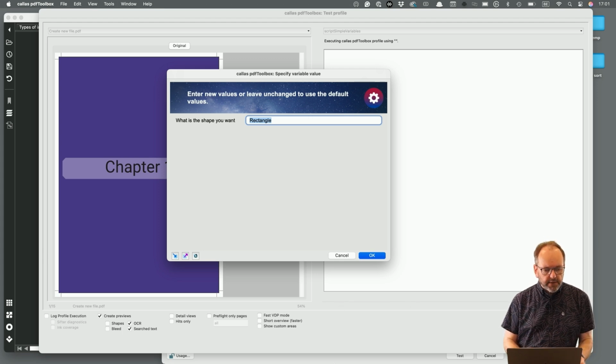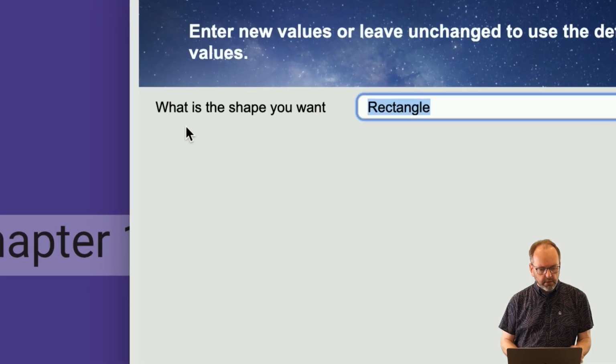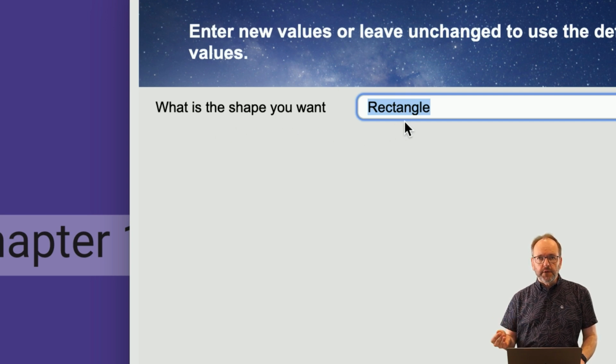You can see that it shows me the label. This is exactly the label that I put there in app.requires. And you can see that it gives me an edit field, and in that edit field, it puts rectangle. That was the default value that I had in my script.